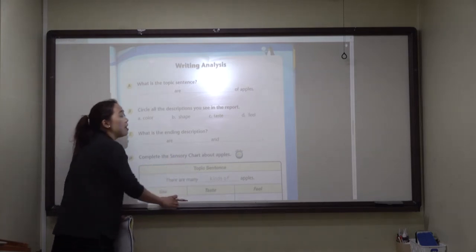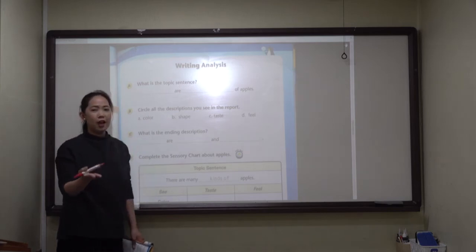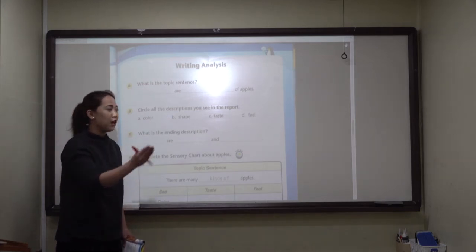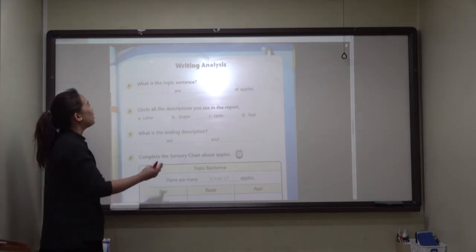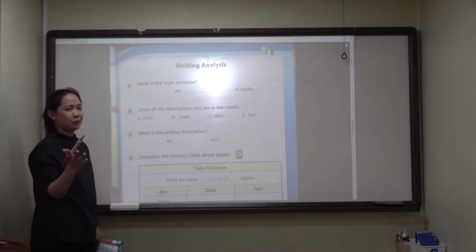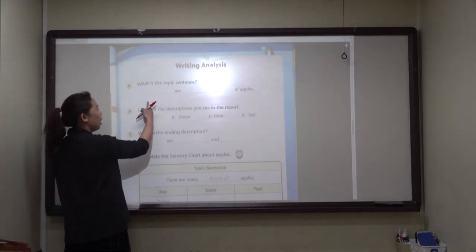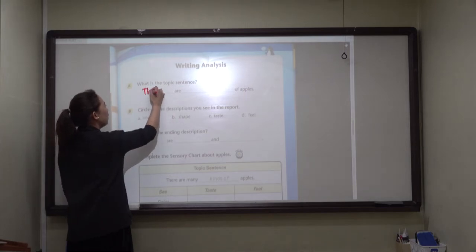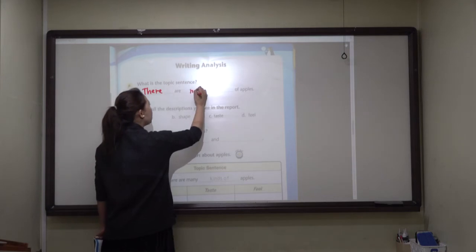Okay, so the writing analysis is like the breakdown of the article. So this is to check if you really had understood what we had learned. I hope so, okay? Alright, so what is the topic sentence? The topic sentence is "There are many kinds of apples."